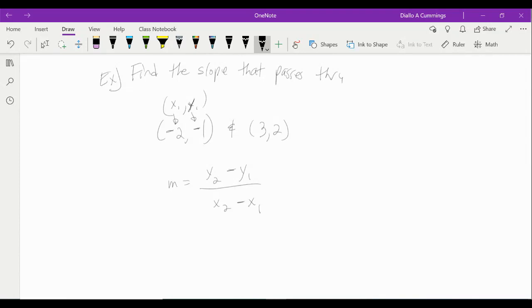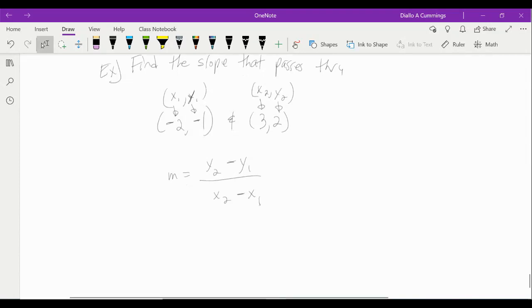We're going to label our second point as x sub 2, y sub 2. Right, so we're going to substitute in the formula. So we have y sub 2, which is positive 2, minus, because there is a minus in our formula, we have y sub 1, which is -1.